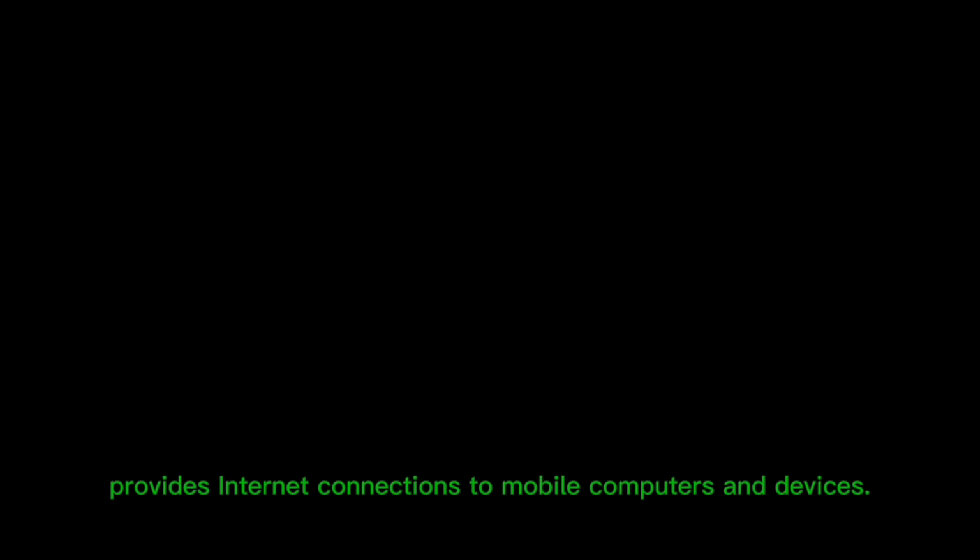Wi-Fi and Bluetooth are both hotspot technologies. A hotspot is a wireless network that provides internet connections to mobile computers and devices. Wi-Fi hotspots provide wireless network connections to users in public locations, such as airports and airplanes, train stations, hotels, convention centers, schools, campgrounds, marinas, shopping malls, bookstores, libraries, restaurants, coffee shops, and more.